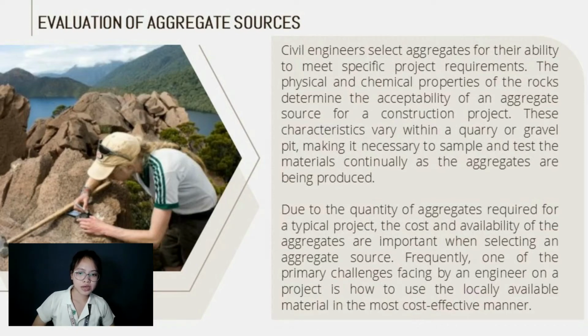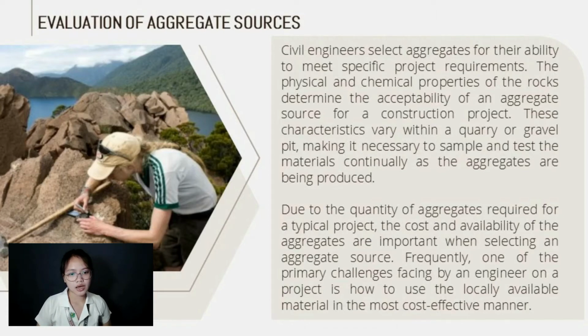So if the aggregate source, for example a quarry, has already been accepted to be an aggregate source, the need to sample and test the materials as the aggregates are being produced is still necessary.